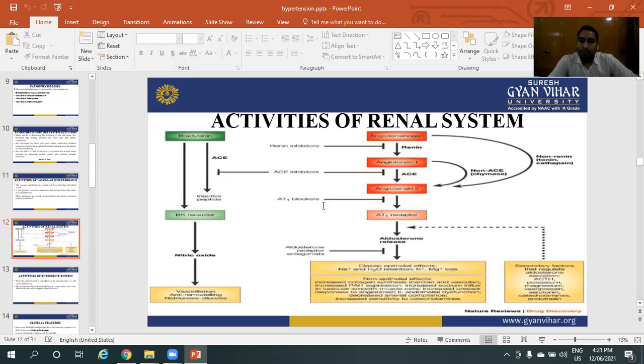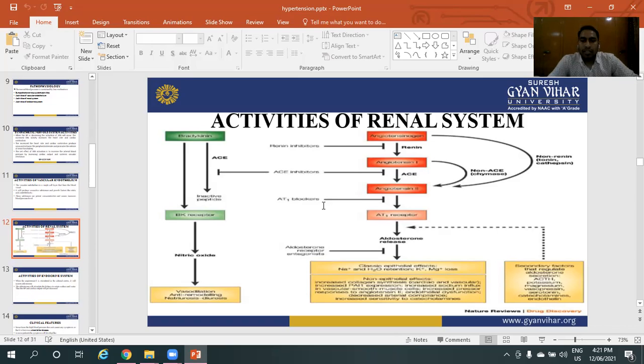AT1 receptors stimulate aldosterone release, and aldosterone release causes increased collagen synthesis, cardiac and vascular remodeling, volume expansion, and increased sodium influx.